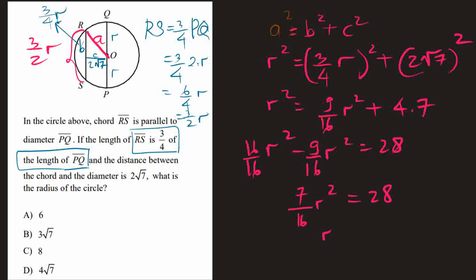Now R square equals to 28 divided by 7 over 16, equals to 28 times 16 over 7, and R square equals to 64. So R equals to 8. So that will be our answer.